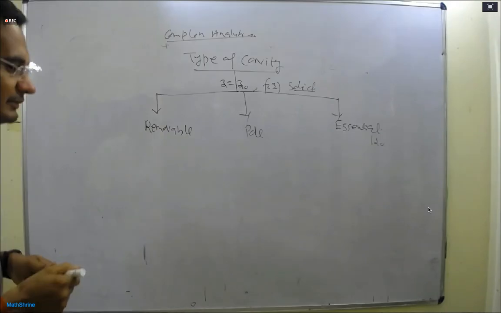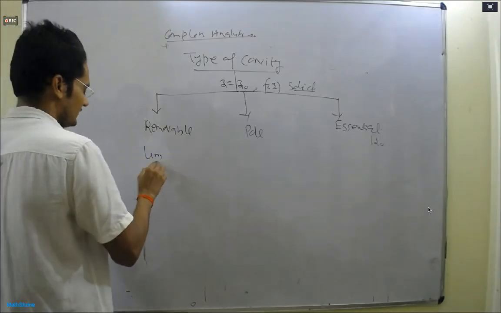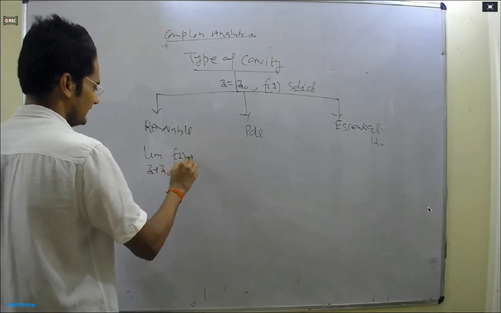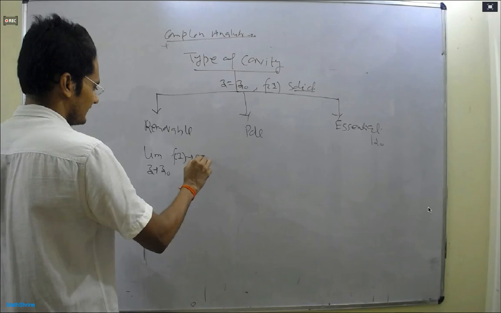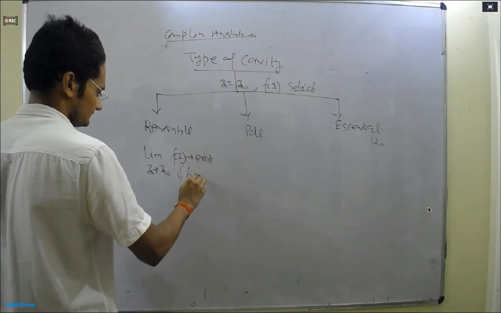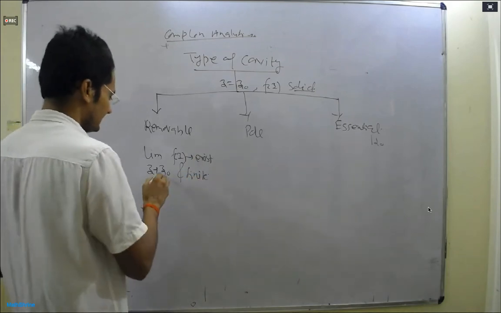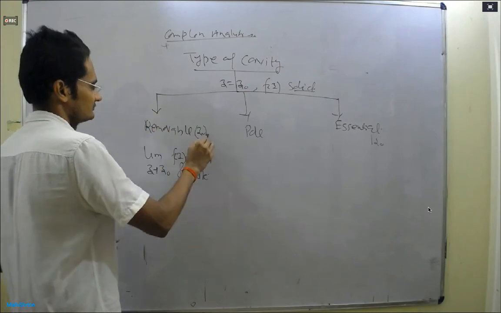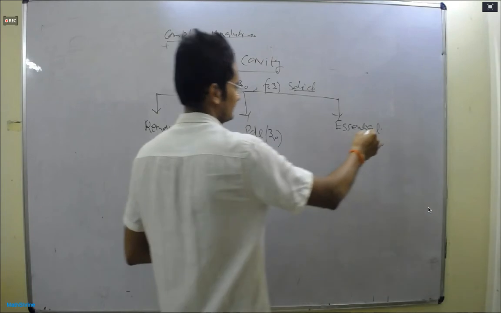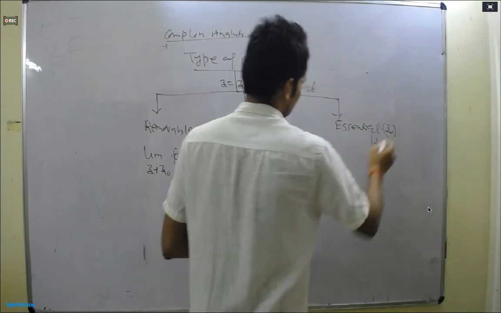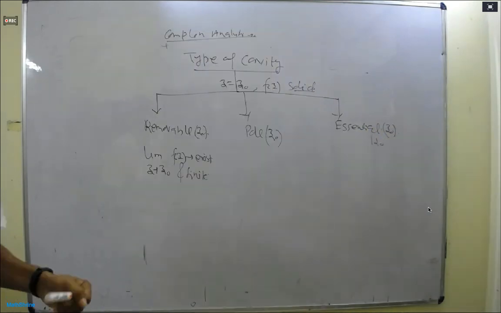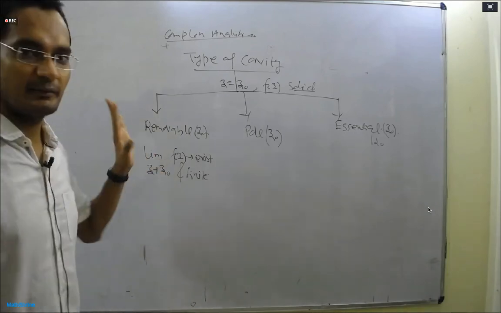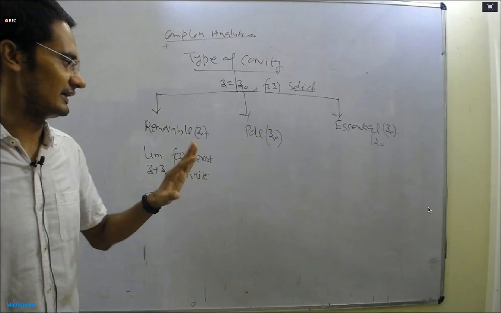It means that if I can calculate the limit as z tends to z naught of f(z), and it exists and is finite, we say z naught is removable. So z equal to z naught is called the removable singularity or the removable cavity.